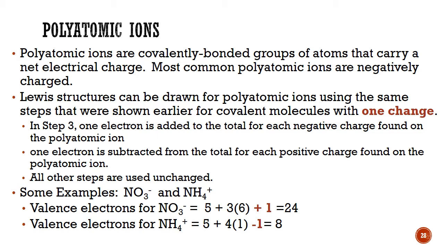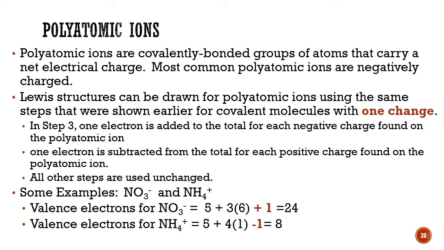So some examples. NO3 negative. Well, N comes in column 5. Each oxygen is in column 6, so that's 18, 23 electrons. But because of the negative charge, we have to add one more, so there's a total of 24 electrons. Remember, I said earlier that you really need to have an even number of electrons, and so this is basically what's happening.